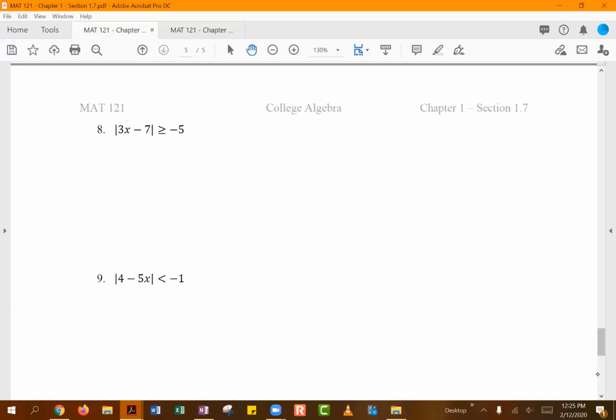Even if it's 1, 2, 3, whatever. So this guy actually has a solution, and since all distances will be greater than -5, the solution for number 8 is actually going to be all real numbers.